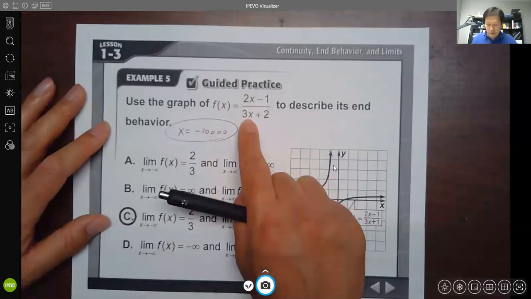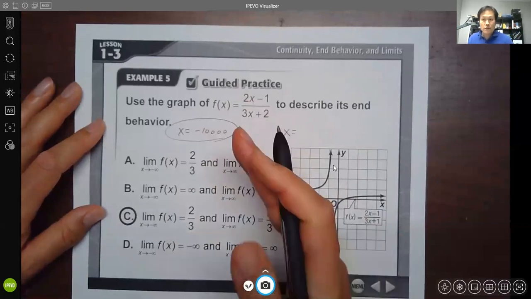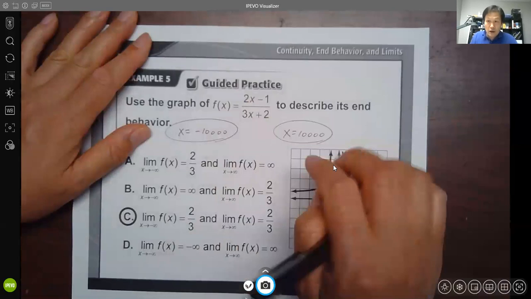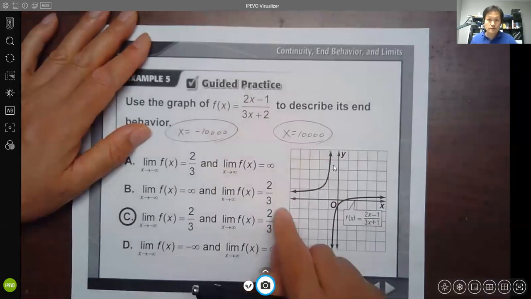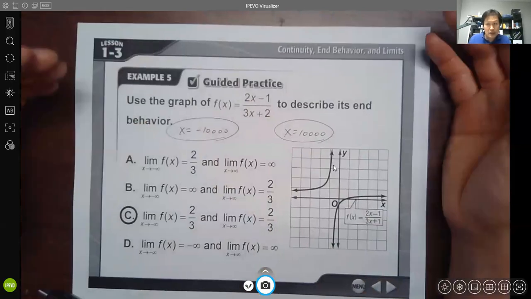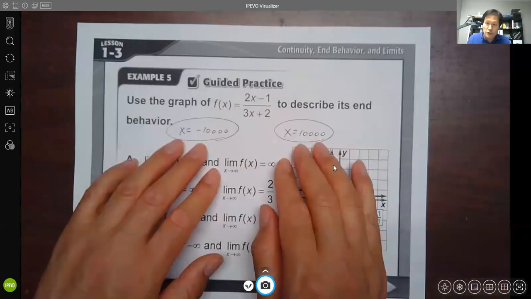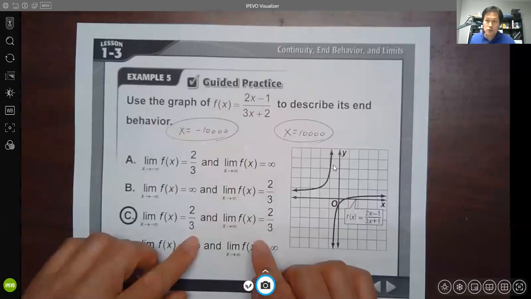Then you will get a value very, very close to 2/3, which is 0.66666. You can also plug in a very high x value, such as 10,000, and calculate using the calculator. You'll get a y value of about 0.6666, which is 2/3. So with end behavior, when the curve goes gradually like this, be careful. You want to check by plugging in a very small x value and a very high x value. That's one way to do it.